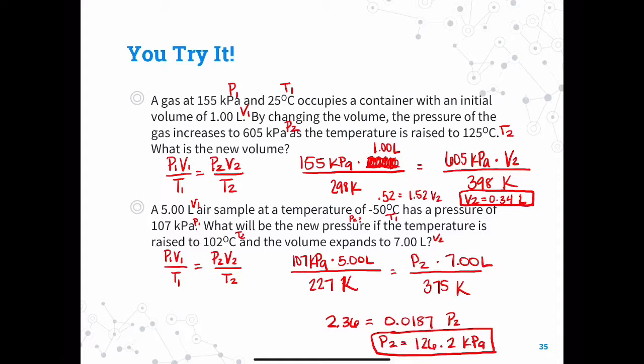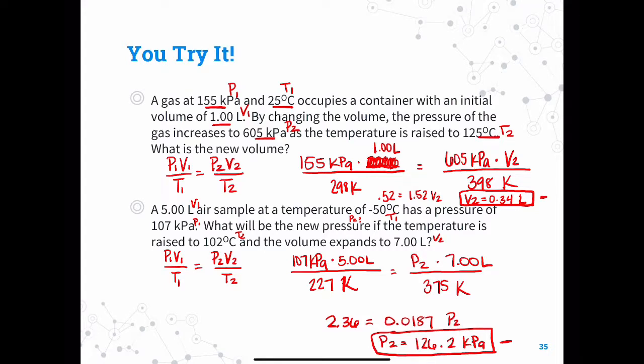So looking at these practice problems here, you should have gotten 0.34 liters for the first one and 126.2 kPa for the second one. Here in the problem, I've underlined all of the numbers that I was given and labeled them.